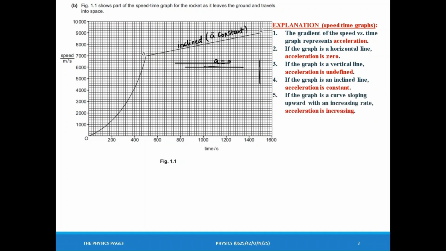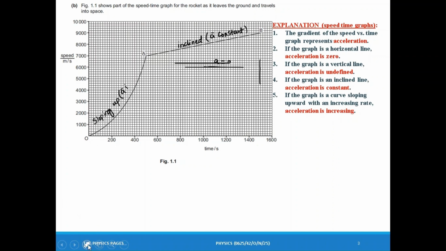Another point: if the graph is a curve sloping upward, like O to A here, this is showing that acceleration is increasing. Sorry, I just need to remove this line.